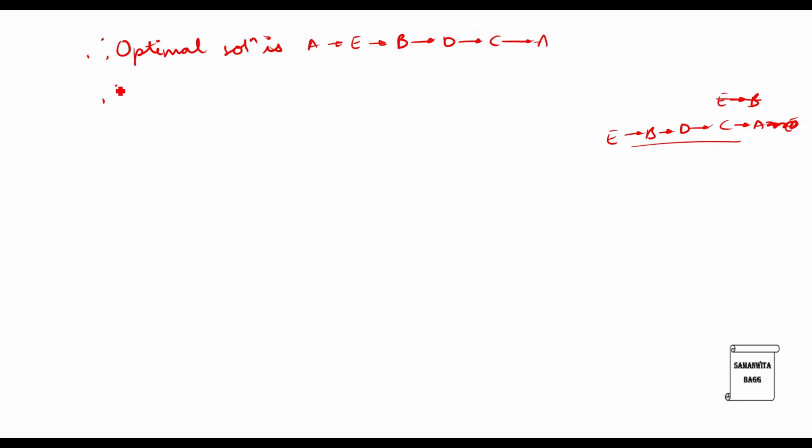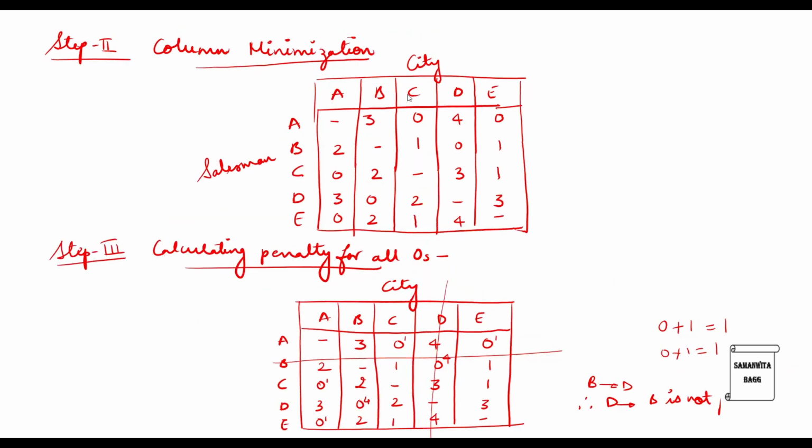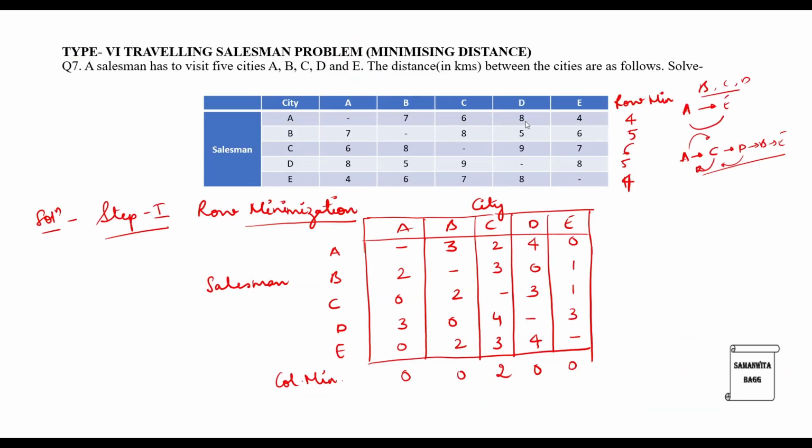So now we need to calculate the total minimum distance that the salesman is going to cover. We will start from A to E. We will go to the main table. We are going from A to E. So the value will be 4. Then we have E to B. So E to B, the value is 6.